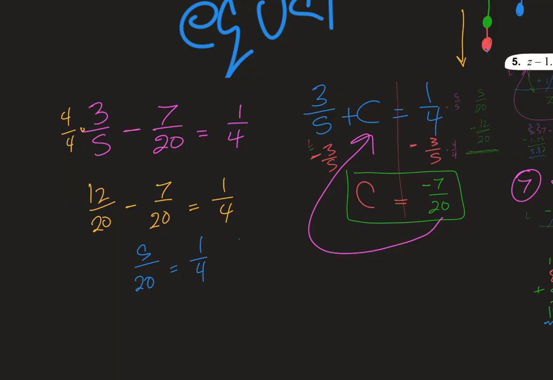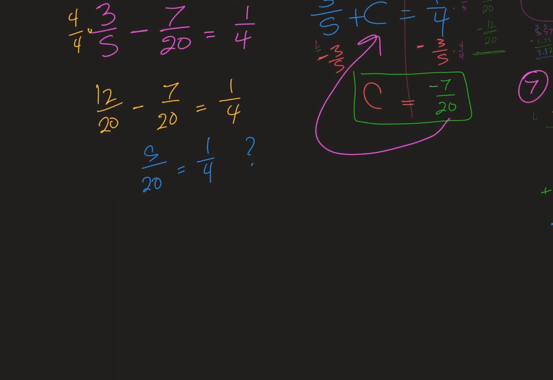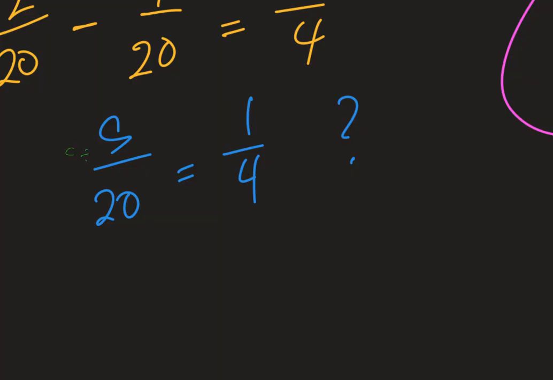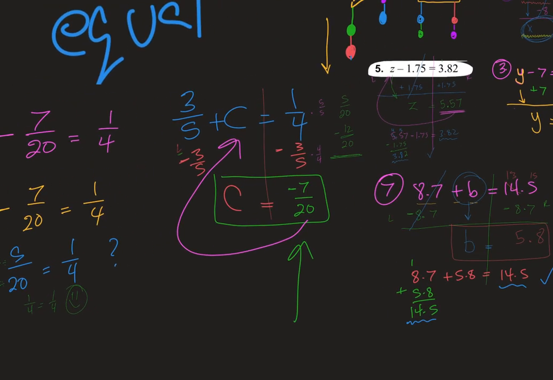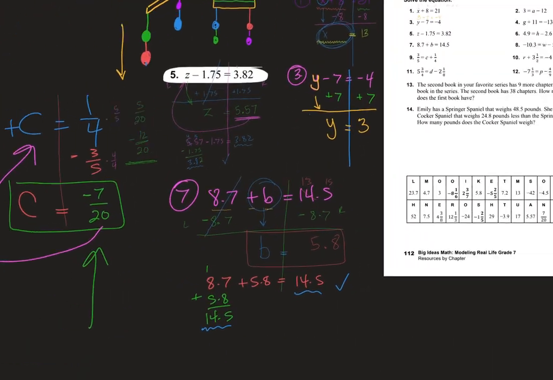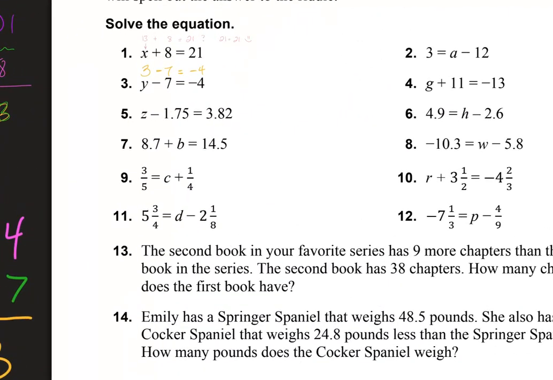Does that equal 1/4? Yes, it does, because if we divide that by 5, divide that by 5, we simplify it. We get 1/4 equals 1/4. So we are happy to get negative 7/20. Don't forget that was our answer. Negative 7/20 was this guy.